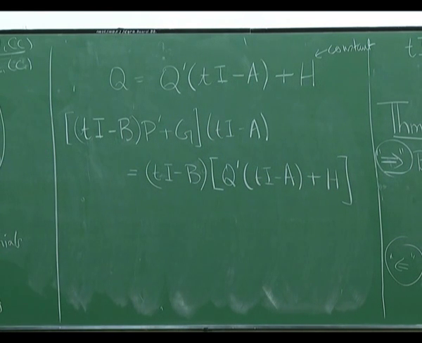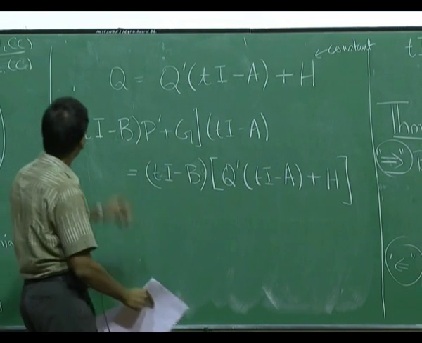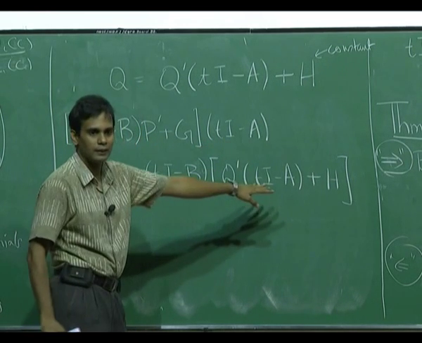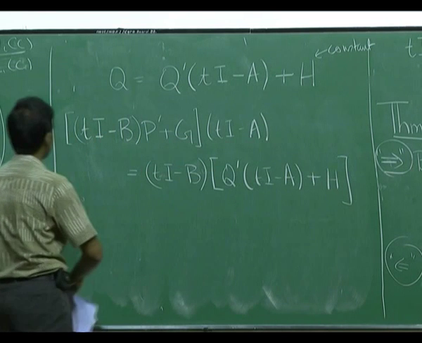And now if you try to simplify this, you see you've got this tI minus B times something times tI minus A on both sides. So let's bring those to the left hand side.